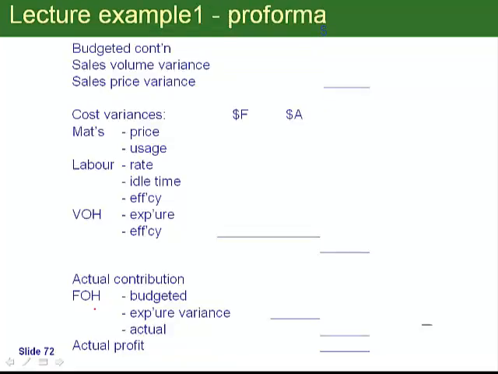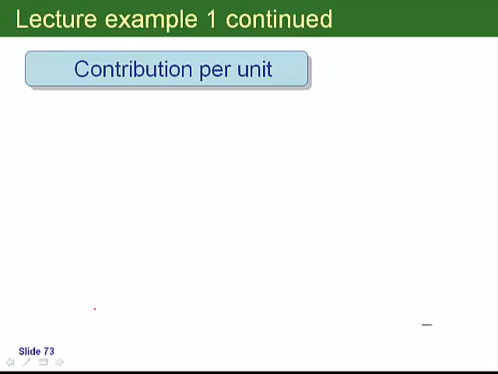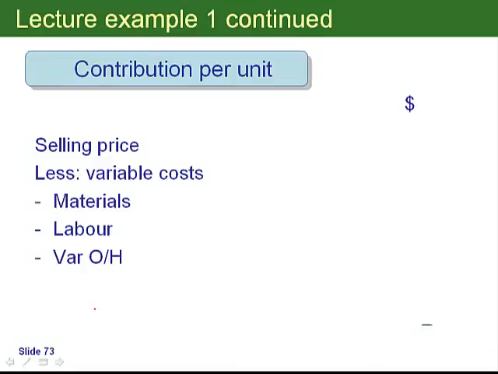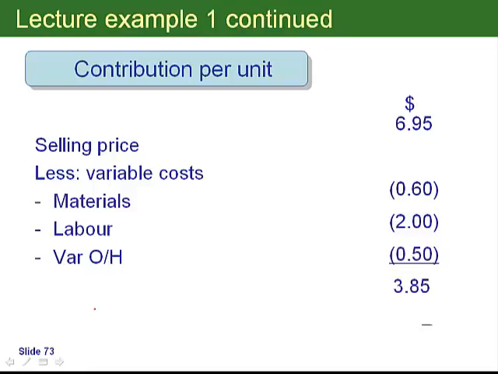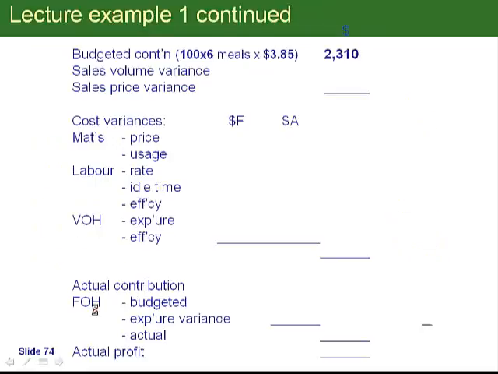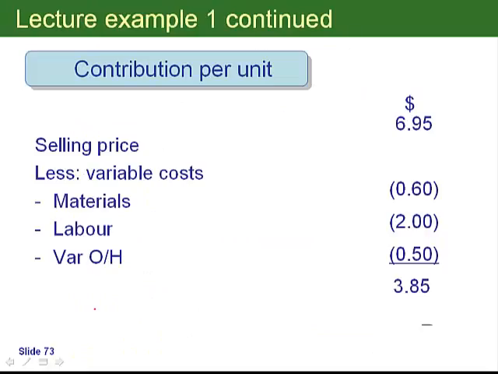So, got your pro forma drawn up. Let's start then with our contribution working. Now the contribution is selling price less all our variable costs, so we can drop those in from the information that we were given in the question. Now we get contribution of £3.85 a unit.